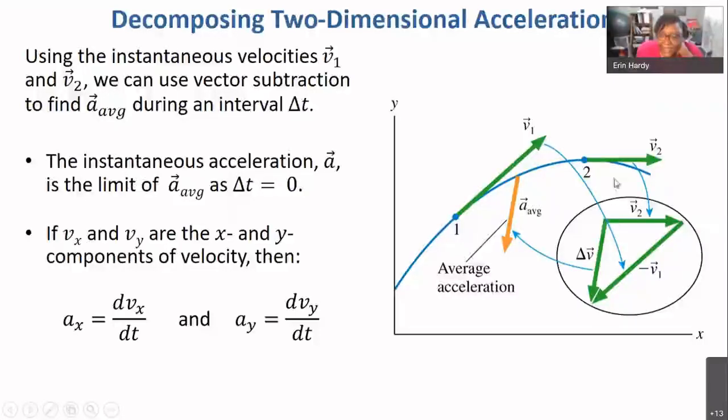So I want to subtract v1 from v2. So first make a copy of v1 that is oriented the opposite direction, then add that negative copy to v2, and I get a delta v vector that's pointing down and to the left like this. So not straight down, but down and to the left.